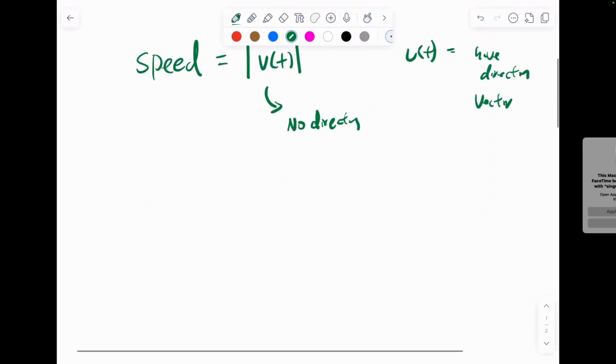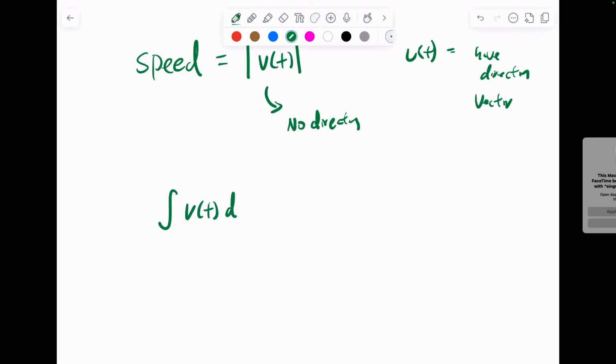Now I would like to talk about the next thing, which is the difference between these. So what do you guys think this is? The integral of V of t from a to b. No, it's a definite integral.